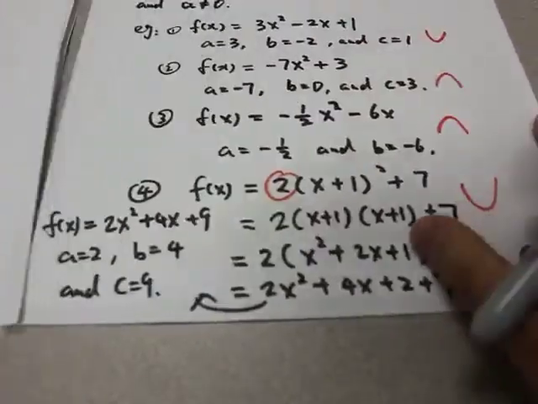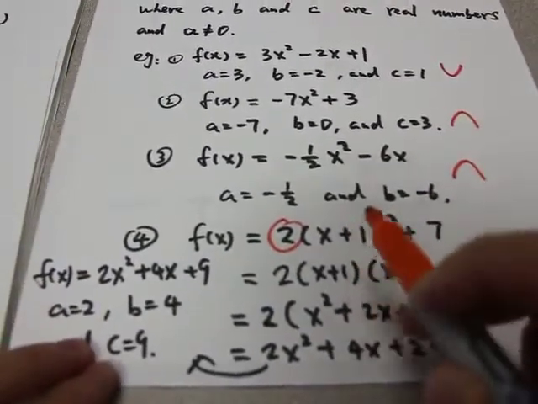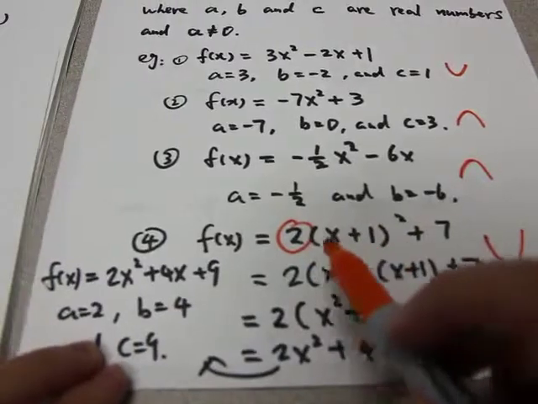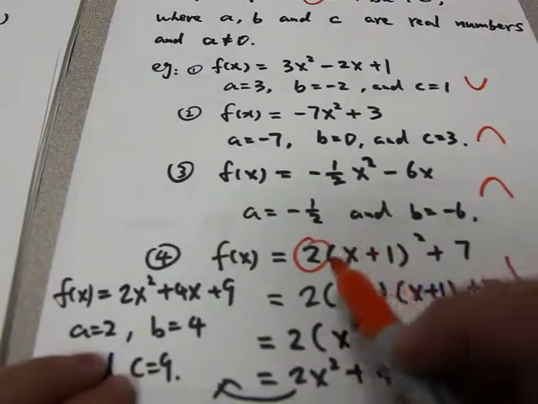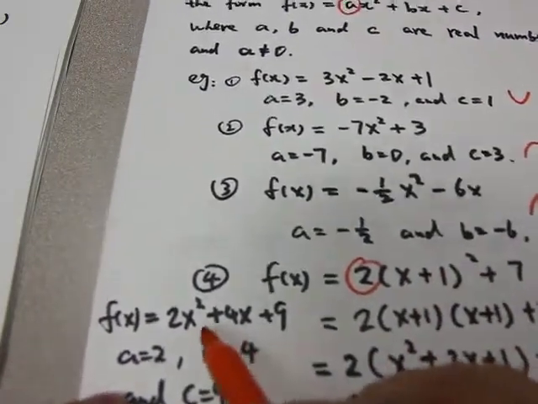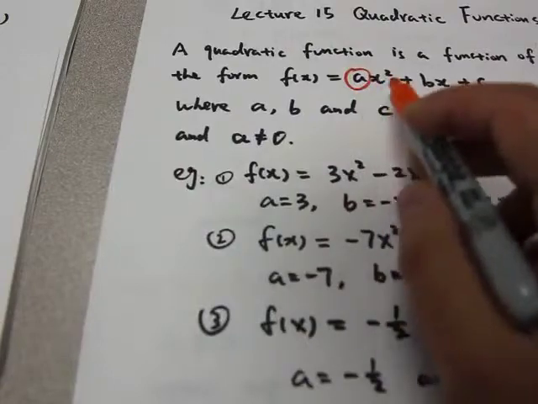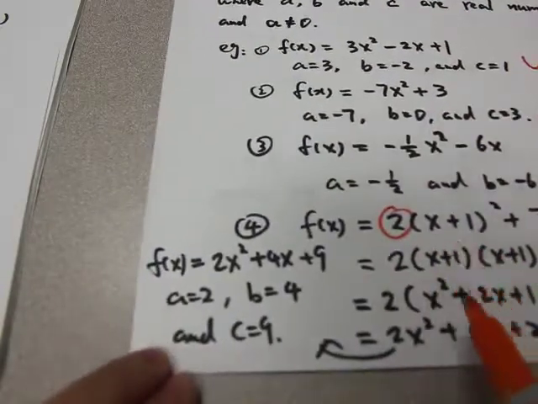Okay, now in this video, we saw that when the equation is given in the standard form, we have a way to convert the equation into the general form, ax squared plus bx plus c, just like what I was doing here.